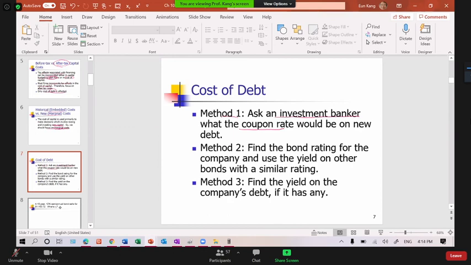Second way is find the bond rating for the company and use the yield on other bonds with a similar rating. So you try to see a company that engages in a similar line of business, similar risk, and use their bond rating as yours. But that is too general, too vague.